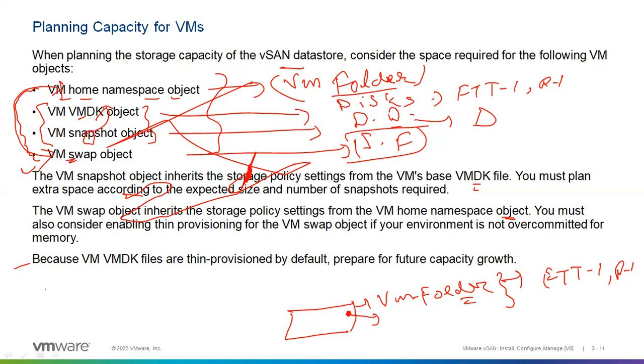Just as an example, at a high level, if for this object I want to apply RAID 1, I can apply. For these two objects together, if I want to apply RAID 5, I can apply, or vice versa, or a common policy. It all matters how you are planning.